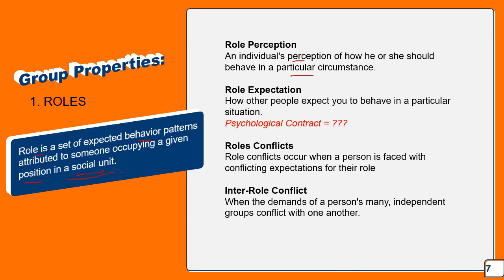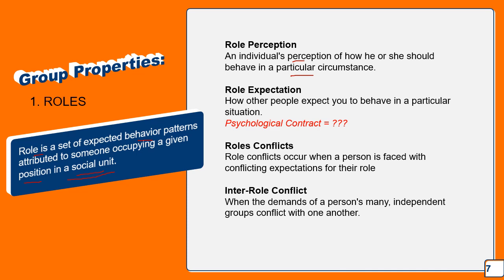So you as a student, you perceive you should behave this way. It is your own perception. So that is your role perception. As for myself, as a lecturer, I perceive I should behave this way. So that is called role perception.